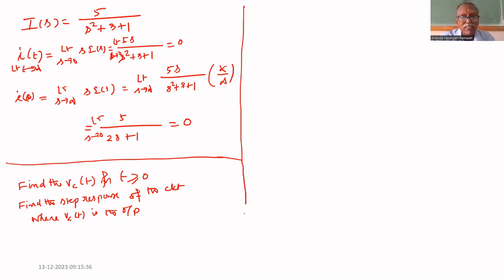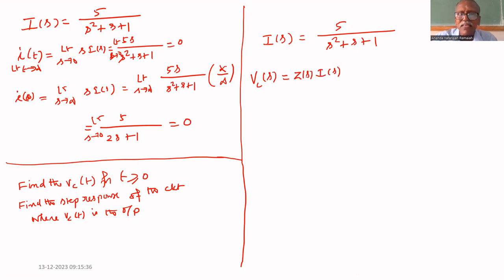But we know I of s. What is I of s? I of s equal to 5 divided by s square plus s plus 1. VC of s equal to ZC of s, impedance of the capacitor.